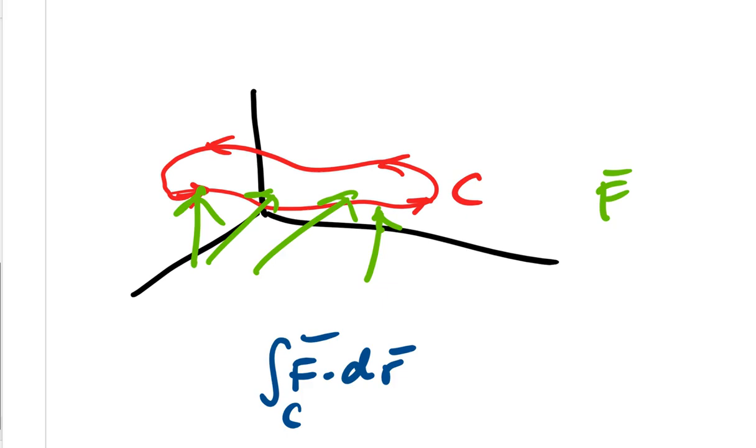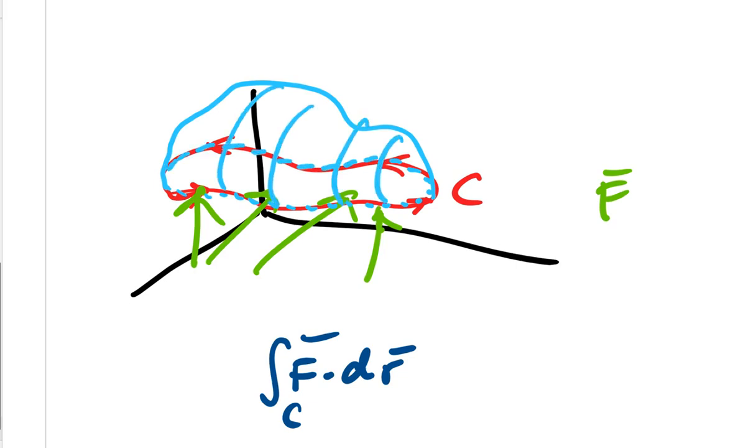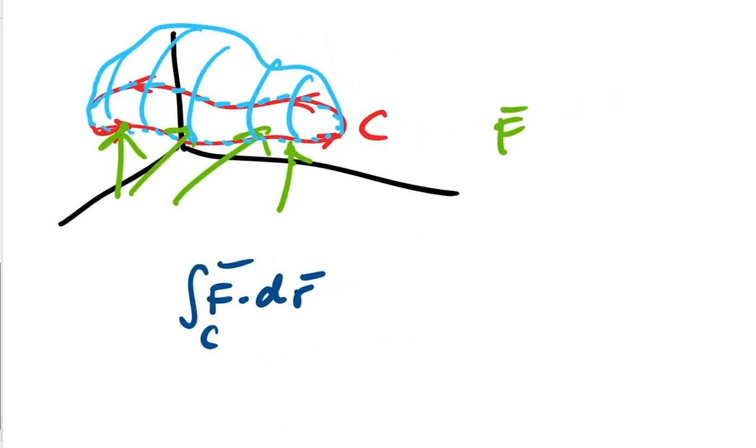Okay, if the curve is the boundary of a surface, so you maybe have some surface up here, if it's the boundary of some surface, say you have a surface here, then what you can do to find the work done is kind of bizarre.